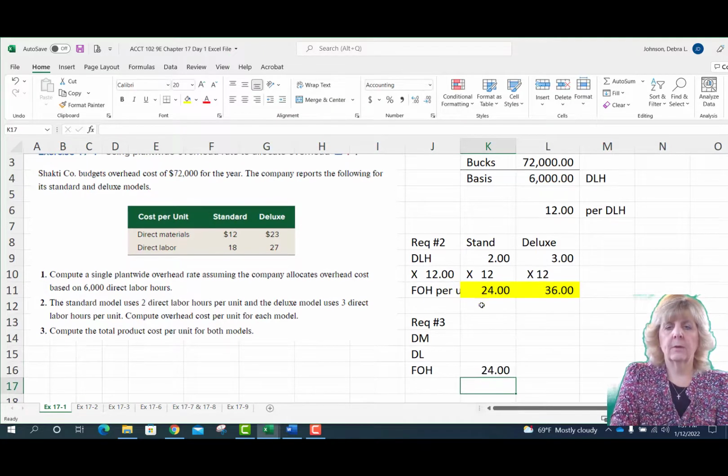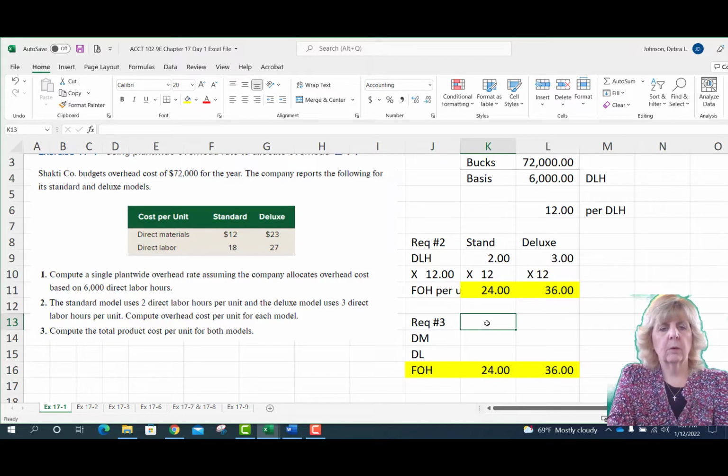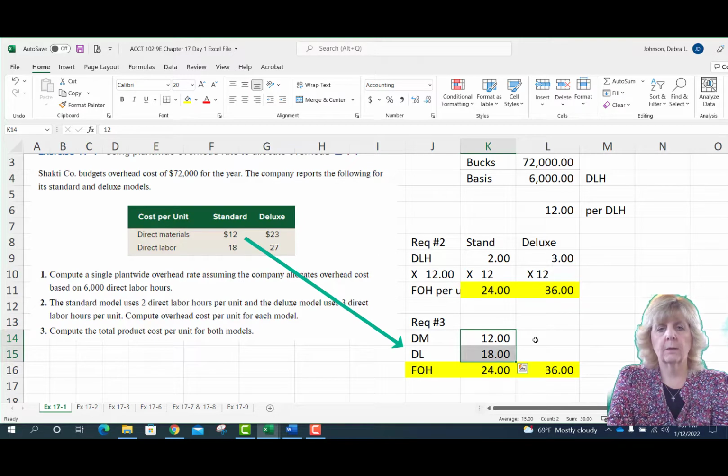Let me grab the factory overhead line that we just computed. So that'll come from requirement 2 there. I'll use yellow so you can see where it came from. And then materials and labor for each of these is given to us. So for the standard model, materials was 12, labor was 18, and let me move those down because I wrote them on the wrong line.